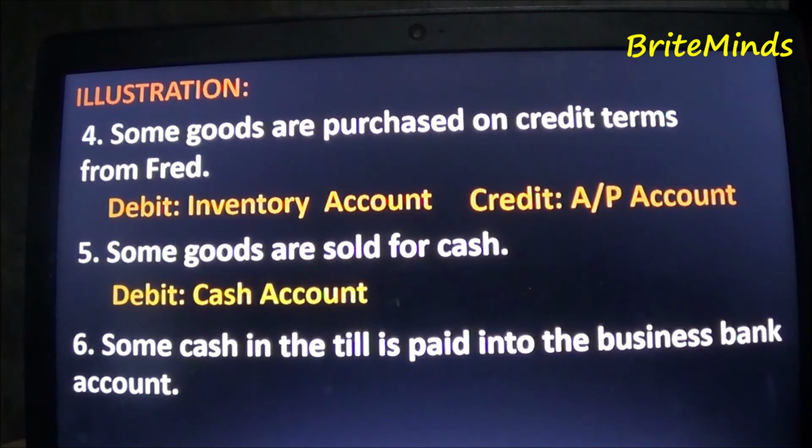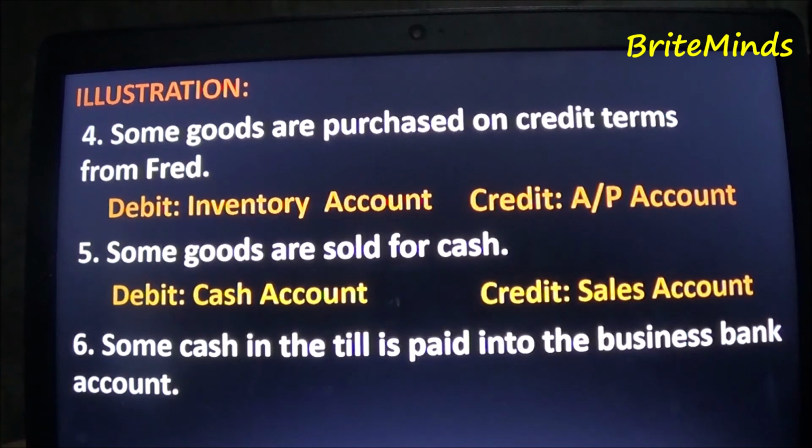So the debit will be the cash account. And then, according to the rule of debits and credits, increased income will be credited. The income or sales account increases the equity of the owners, so the sales account is credited.